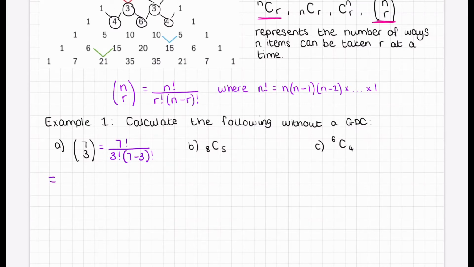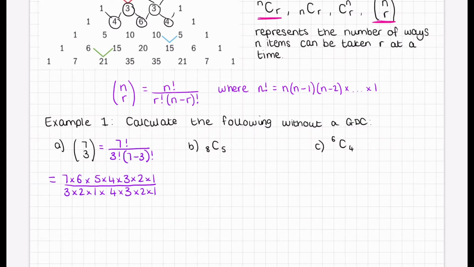So 7 factorial will be 7 times 6 times 5 times 4 times 3 times 2 times 1 divided by 3 factorial, which will be 3 times 2 times 1, multiplied by 7 minus 3 factorial, which will be 4 factorial. So 4 times 3 times 2 times 1.